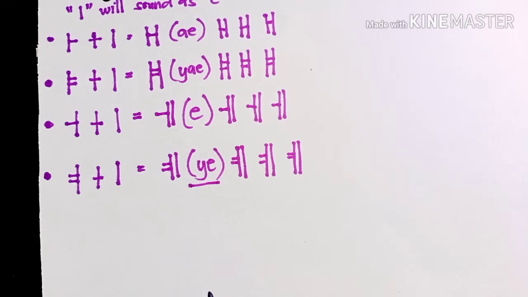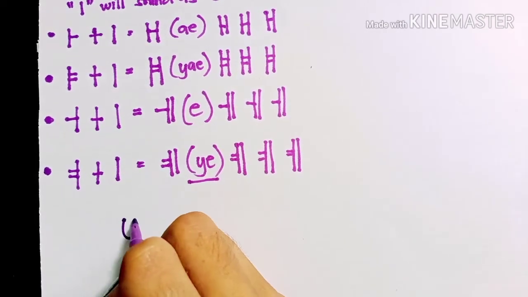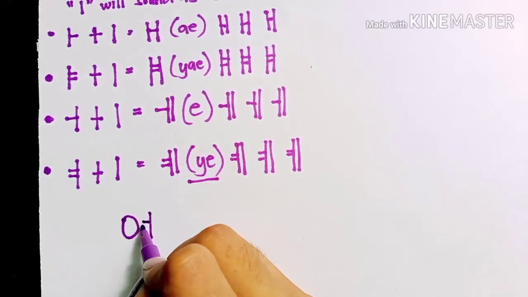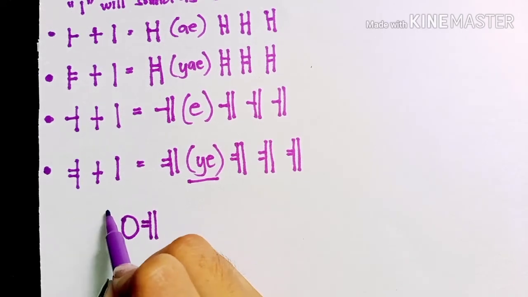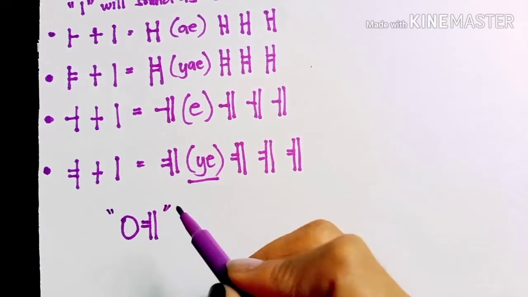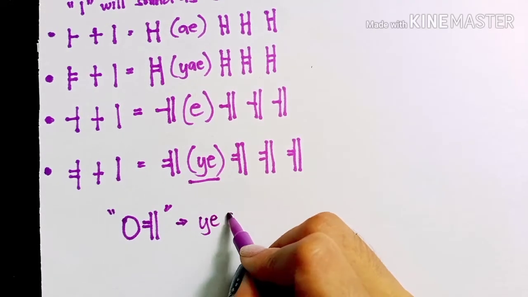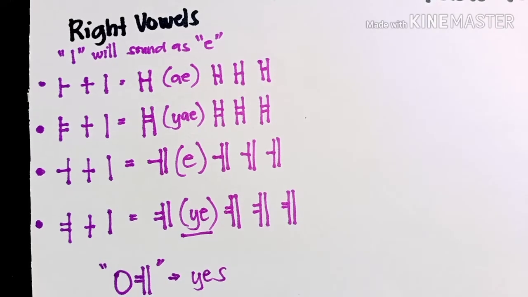Then the vowel ye, which should be written at the right side of the consonant. So, ye, which means yes. So, that's all for the right vowels.